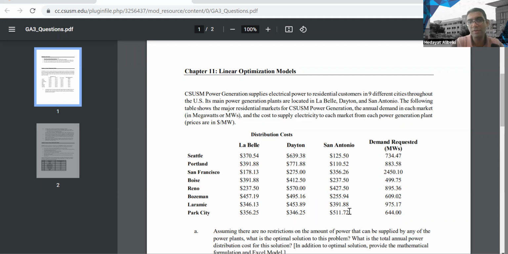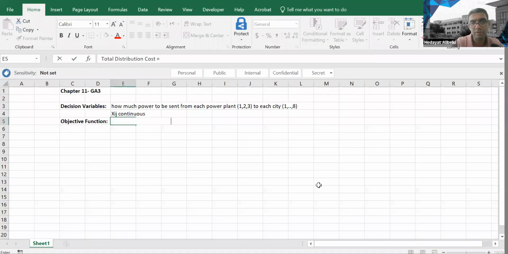You just go all the way to this one, 511.72 times X38. Supply center number 3 to city number 8. And then you can simply write it down.